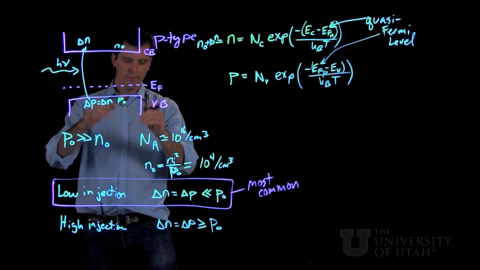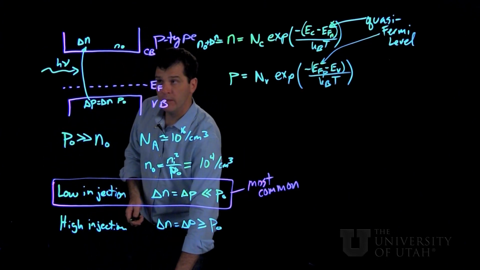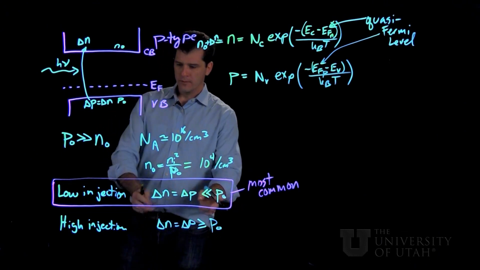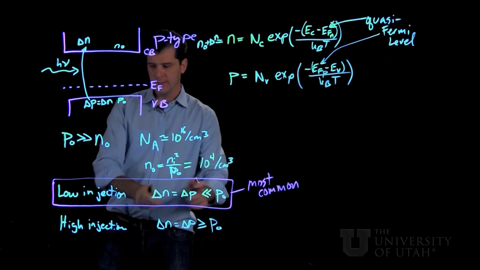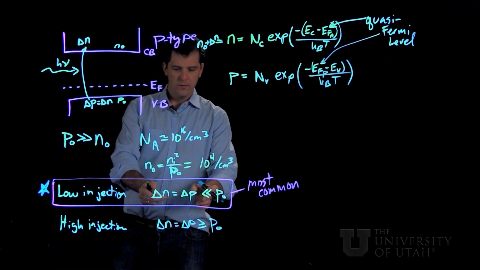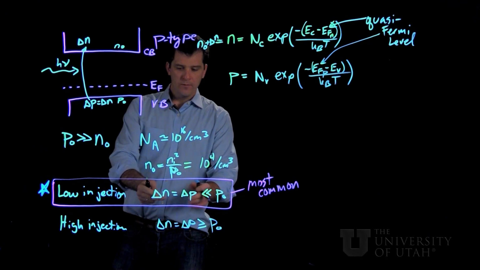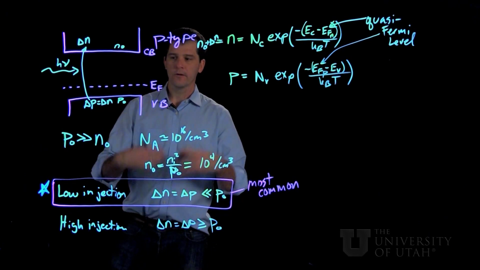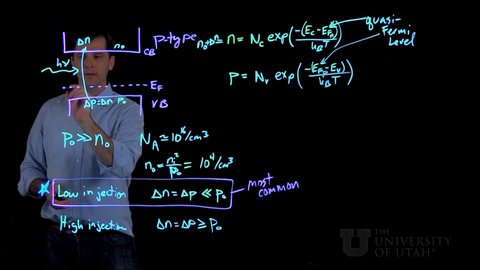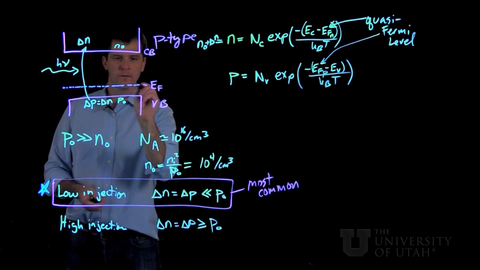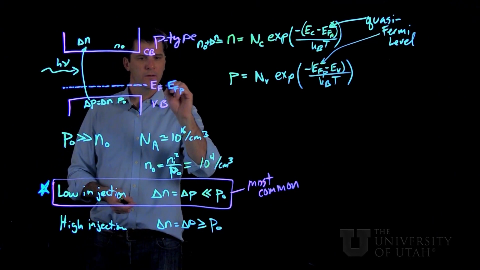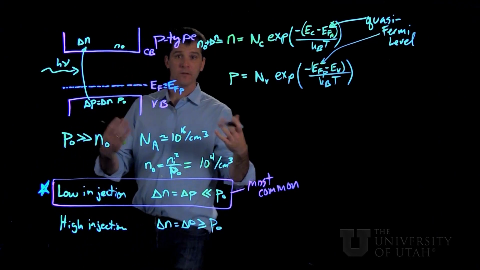So let's try to place these quasi-Fermi levels here on this band diagram. If you look at this first relation for low injection, which we're going to assume here, the excess carriers are a small perturbation on the total carrier density. And so we can say that EFp is about equal to the original Fermi level.